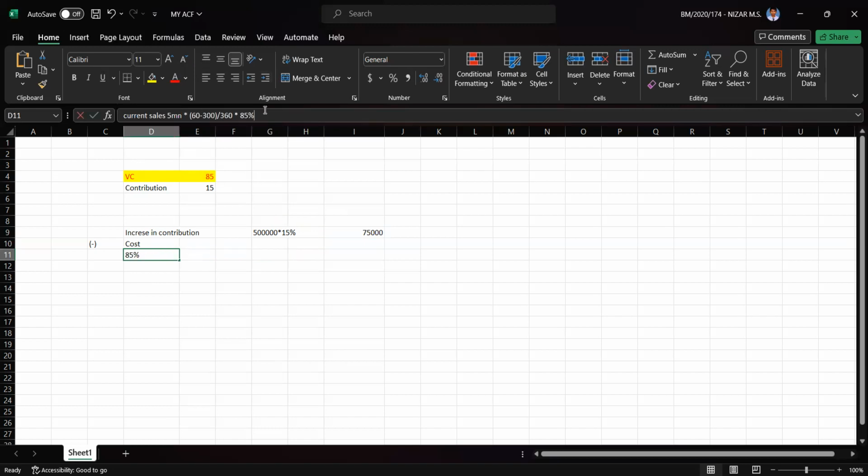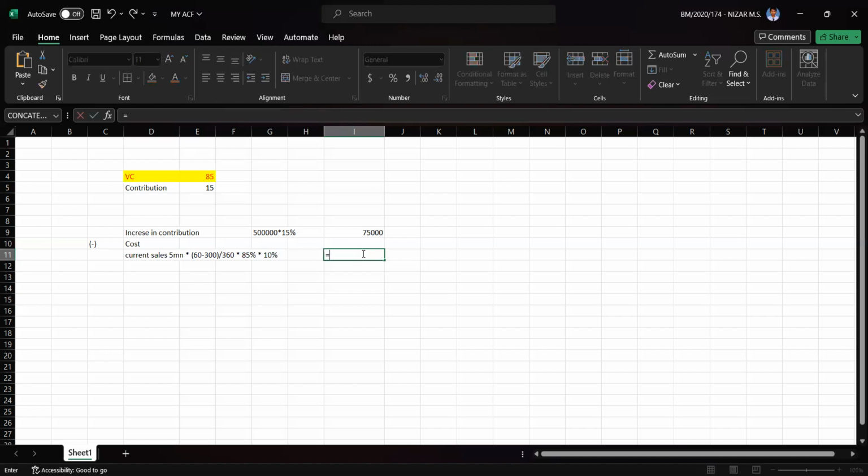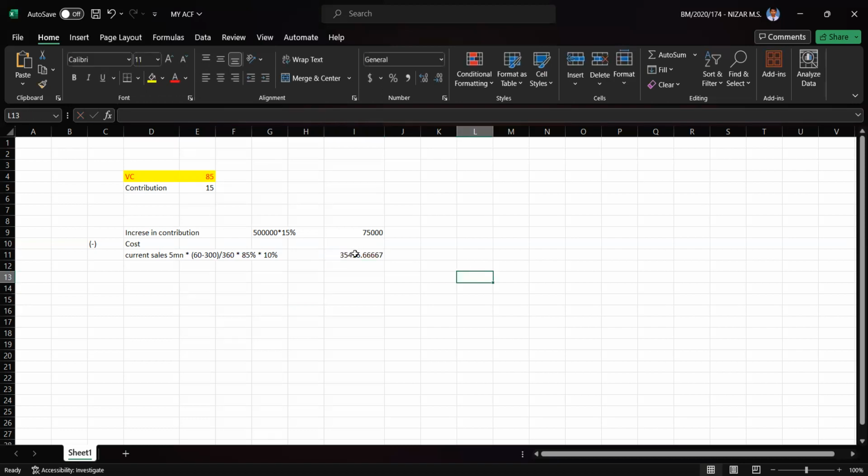The required rate of return is 10%. If you solve this, write it like this: 5 million multiplied by 30 divided by 360, into 0.85, into 0.1. It is this much, and it should be minus.